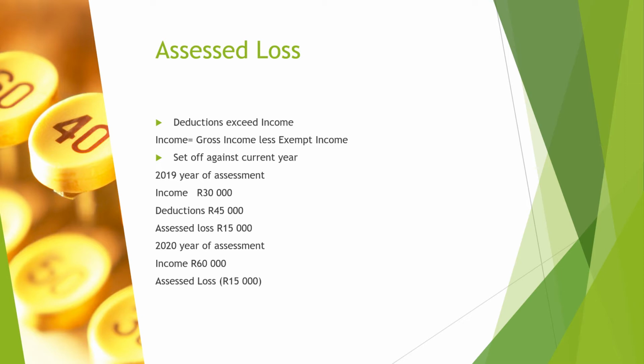In the following year of assessment, 2020, if I carried on trade, so there's a provision that you need to have carried on trade in that year of assessment to be able to use your assessed loss. So in 2020 I have my income of 60,000, then I can bring forward the assessed loss that I incurred in the previous year of assessment.